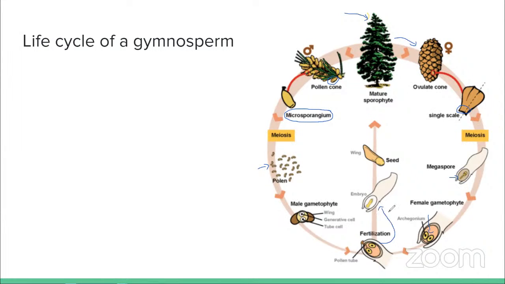After fertilization, we're recreating that diploid state, so we had two haploid things coming together. As the embryo grows, it forms a seed, so it has a protective coating. Often we're also going to see a wing in order to let them float away from the sporophyte so that it's spreading out, not all in one space, not competing with each other too much.